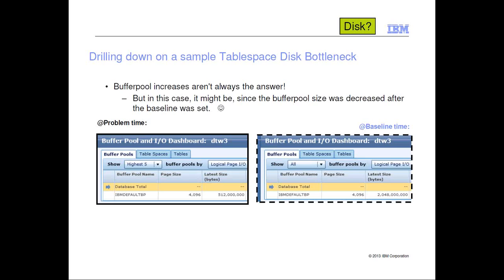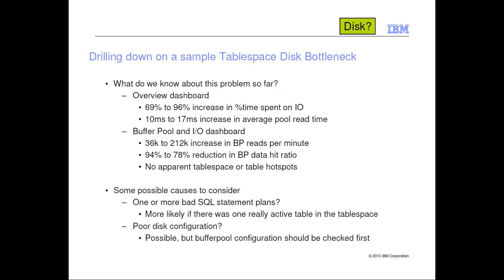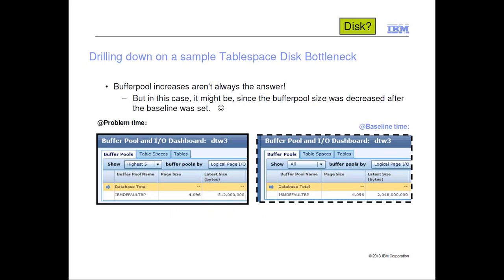Now, this could probably answer the issue that we have seen in terms of the buffer pool hit ratio getting reduced from 94% to 78% utilization. So this is one issue that we have seen, which is about how we can identify any disk level bottlenecks that we can observe on database performance using the OPM dashboards.